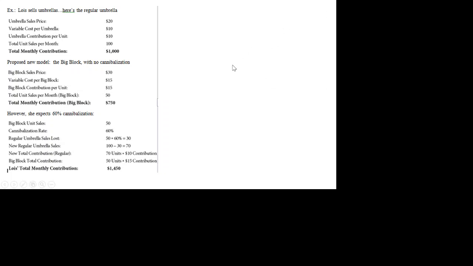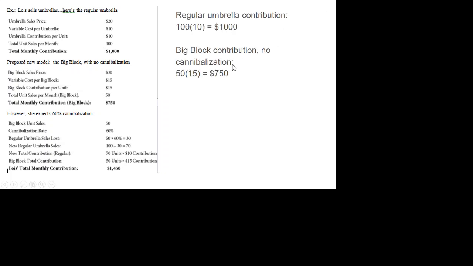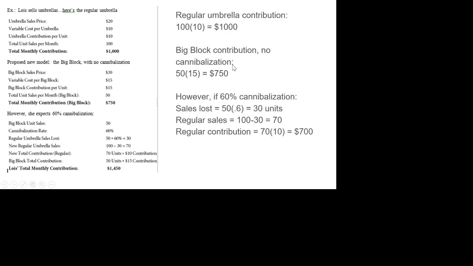Okay, I guess I should be showing you the calculations here as we go along. The numbers are transposed there, apologize for that. But basically your contribution per month is going to be $1,450 instead of $1,750 because of the cannibalization issue.